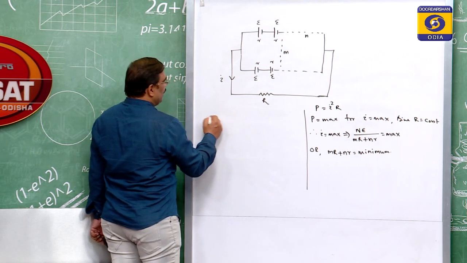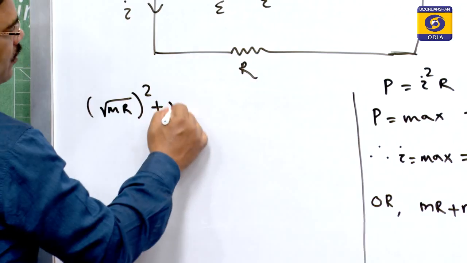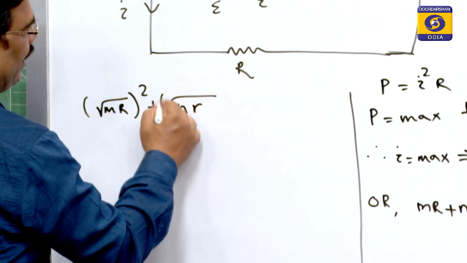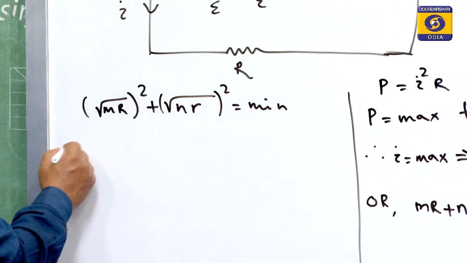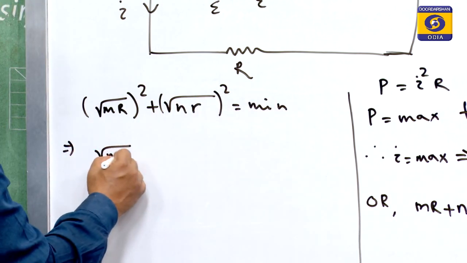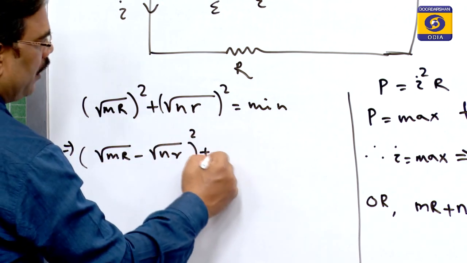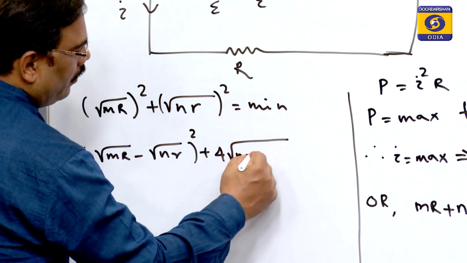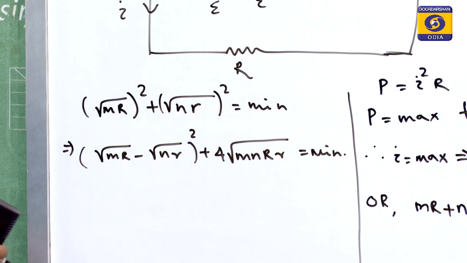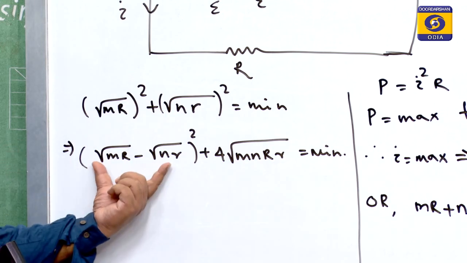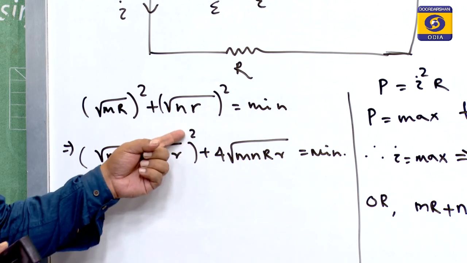So, this can be written as square root of mR squared plus square root of nr squared equal to minimum. So this implies, (square root of mR minus square root of nr) whole squared plus 4 root over of mnRr is minimum. This equation clearly shows that if the part is negative, then its square is again positive.